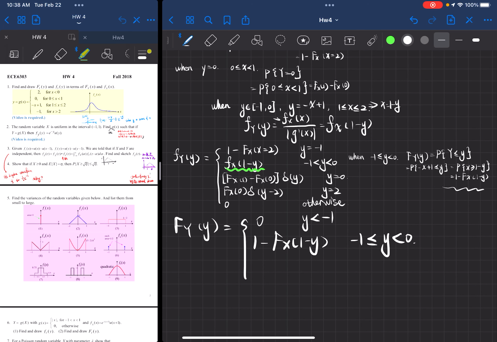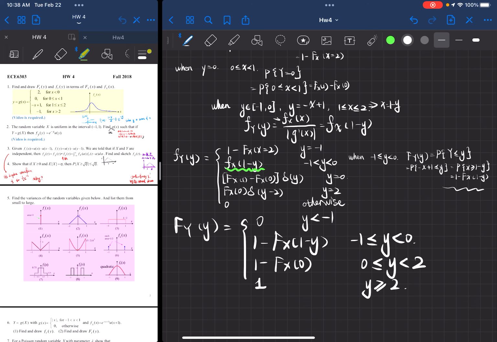It equals 1 minus the distribution function of x at x equals 0 when y is from 0 to 2, and it equals 1 when y is greater than 2.